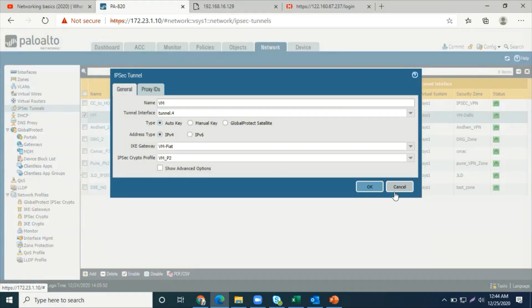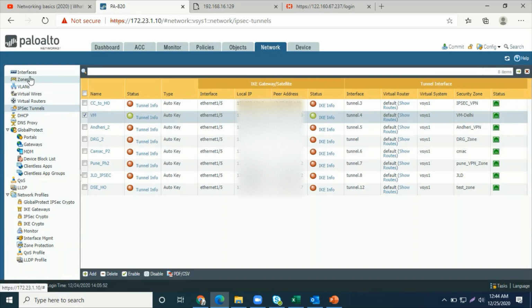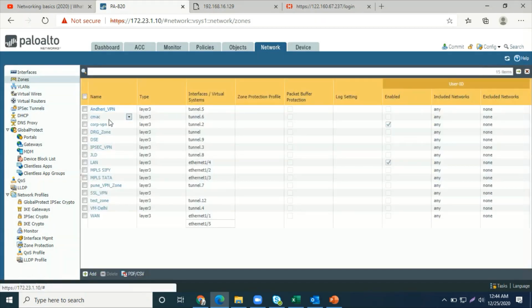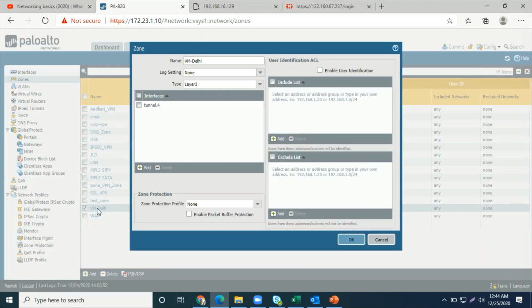Before the IPsec tunnel, if you configure a tunnel, go to the zone and define the configuration of the zone. Here the zone is VM Delhi, type L3, because it carries L3 packets.